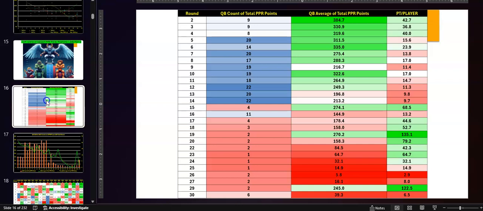I think round 16 with 11 is more realistic than round 15 with 4. I think that data is tricking us. So I calculate it, realize it, but I'm not buying that I should wait to the 15th round and draft my first quarterback. I'm not buying that.